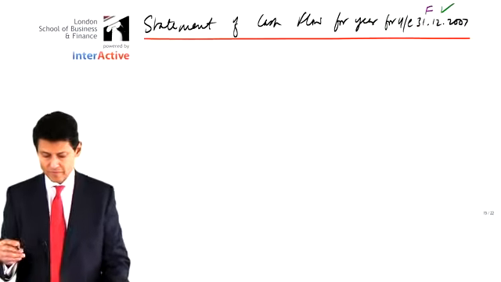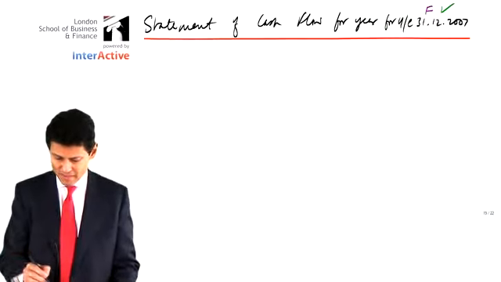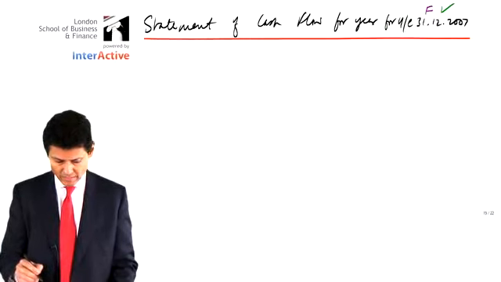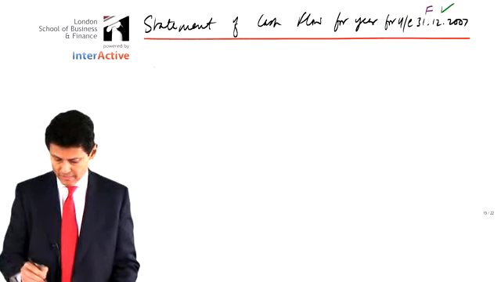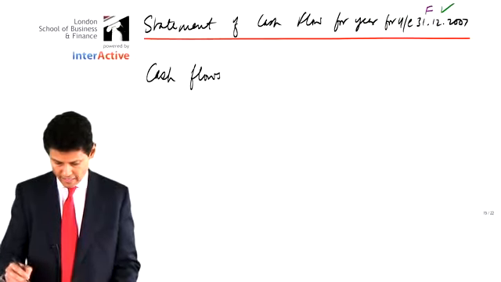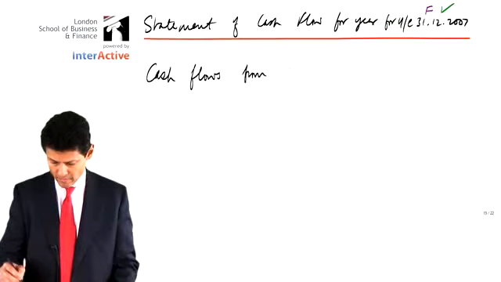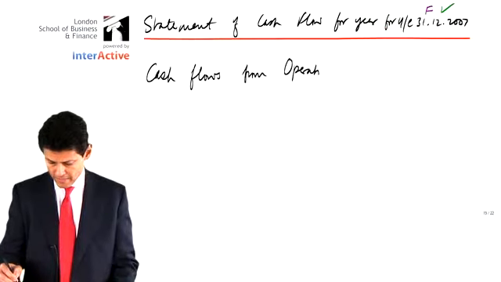You start with profit before tax. So maybe let's start even before that with the descriptions like cash flow from operating activities.